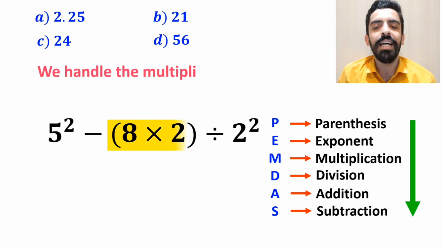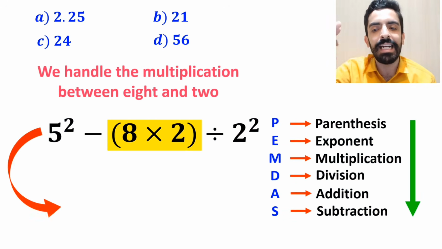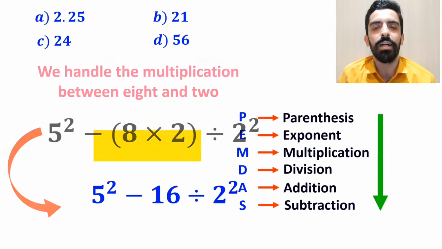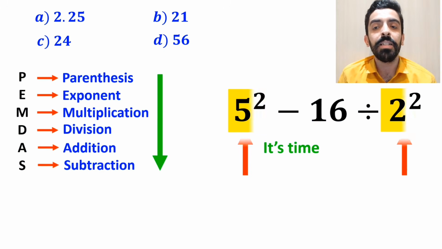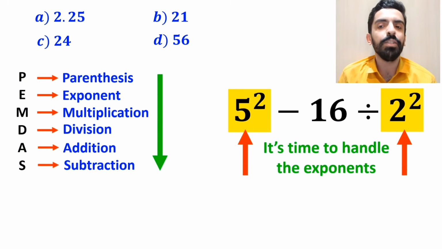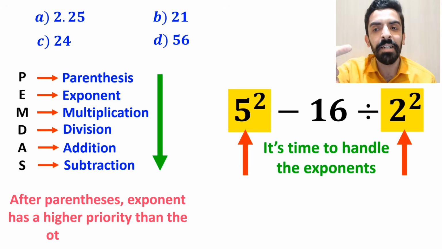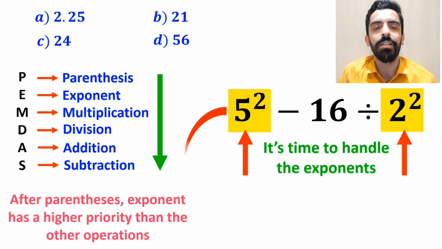And the next step, we handle the multiplication between 8 and 2, and this expression simplifies to 5 squared minus 16 divided by 2 squared. Next, it's time to handle the exponents, because according to the PEMDAS rule, after parentheses, exponent has a higher priority than the other operations.